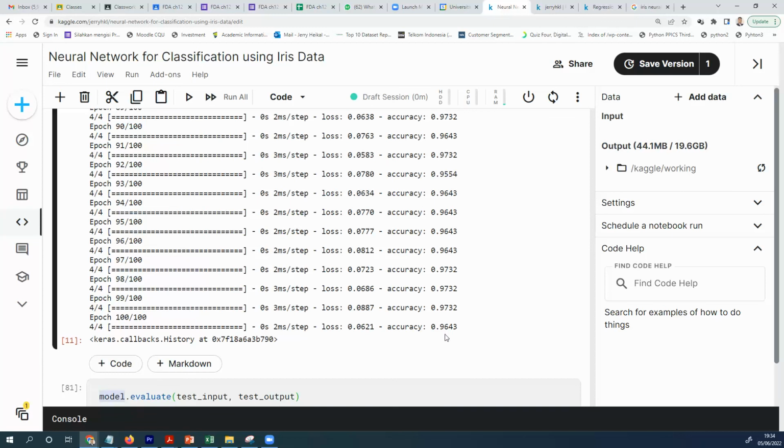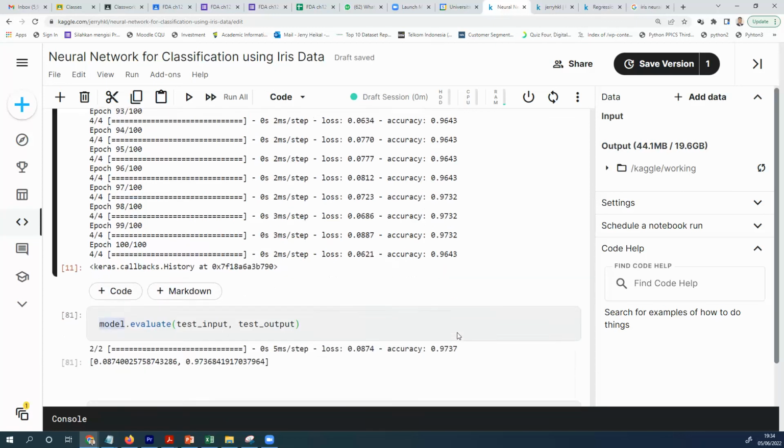Then we get an accuracy of 96%, quite high. Finally, we evaluate the model on the test input and test output. The accuracy is 97%.